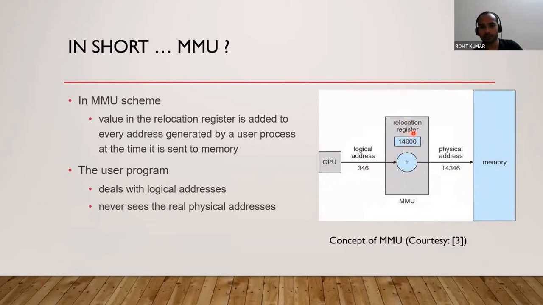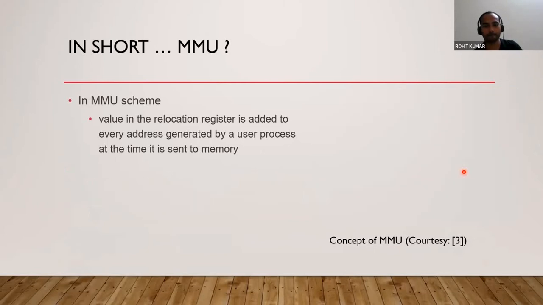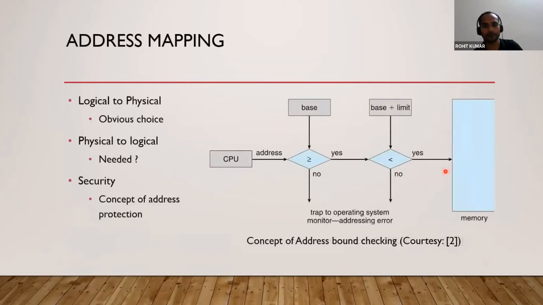This relocation register gives the base value. This base value gets added with 346, and it becomes 1400 346. Now here, it is the complete address after relocation. It is coming from the CPU only, but it is coming after relocation.